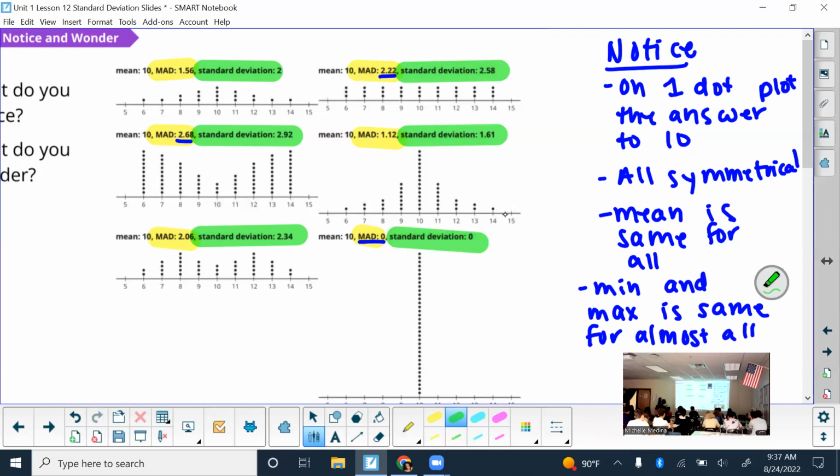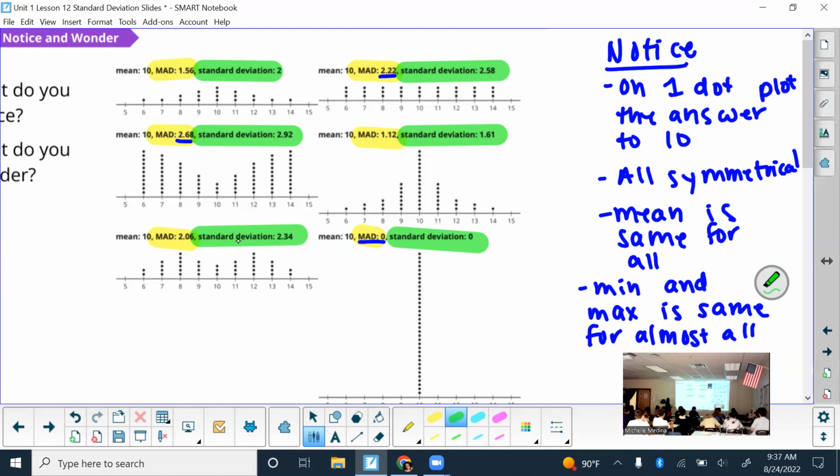Based on the values and how they compare to the MAD, would you say that the standard deviation is a measure of center or spread? So remember, center is a typical value, spread is how spread out it is.